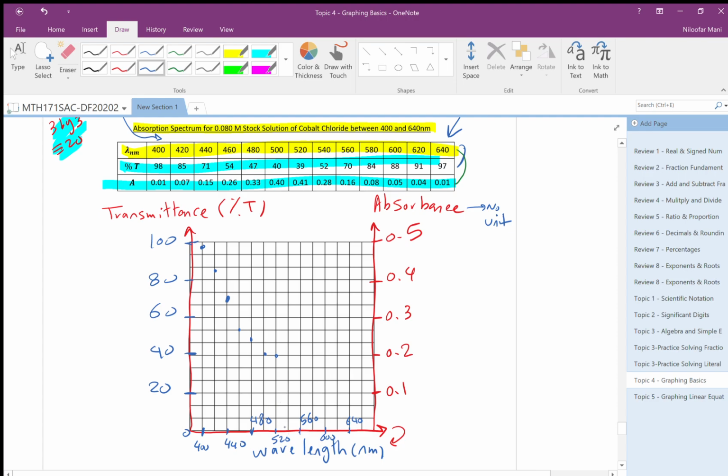I know I'm taking time, but I'm doing this intentionally because someone told me I have to slow down. So 540 and then I find 52, so that's 540 here, and 52 is here, just a little bit, right?